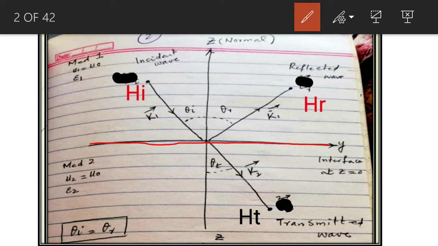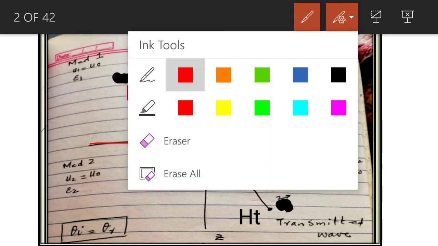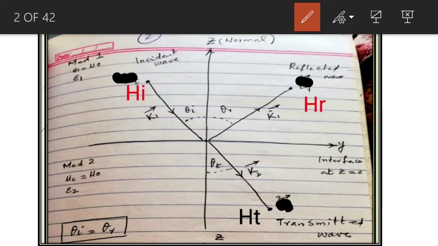So this is the interface at z is equal to 0. If the interface is located at z is equal to 0, then definitely this z-axis will be normal to the interface.